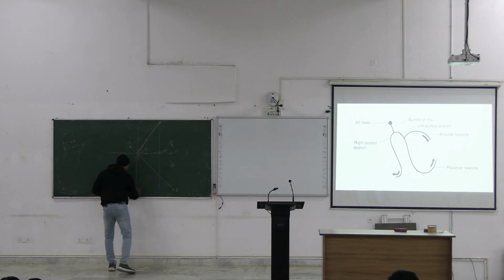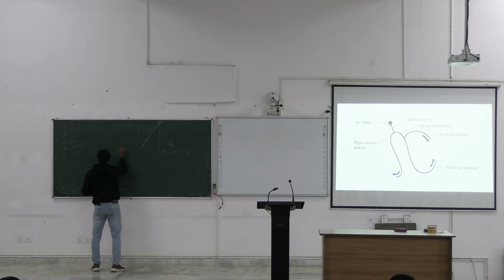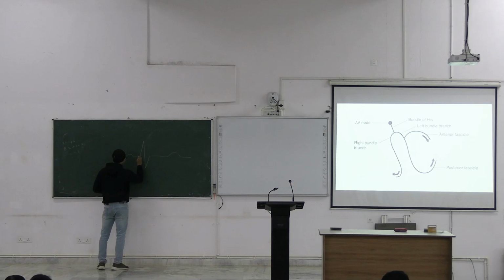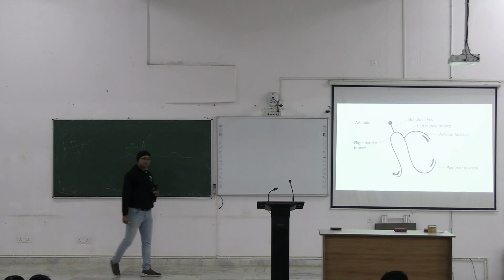Although it is called PR, the duration is from the start of P to the beginning of Q. Here is the start of P and here is the beginning of Q. This duration is called the PR interval.